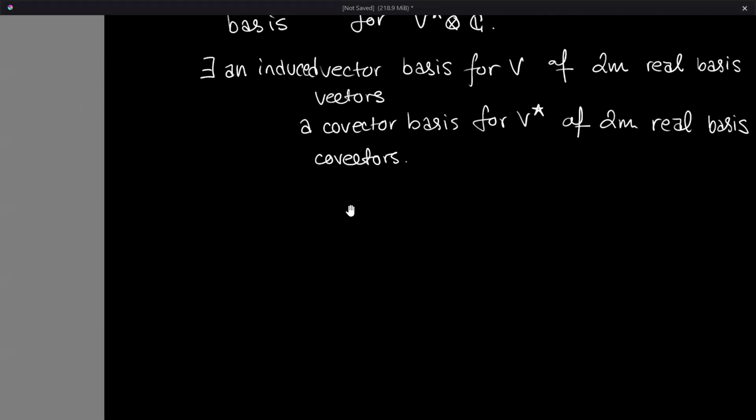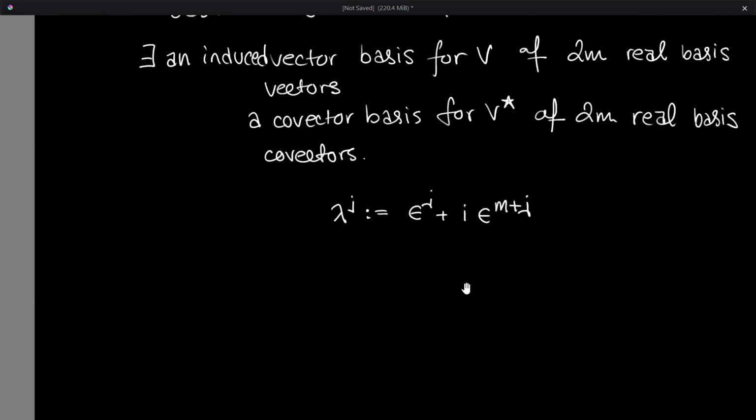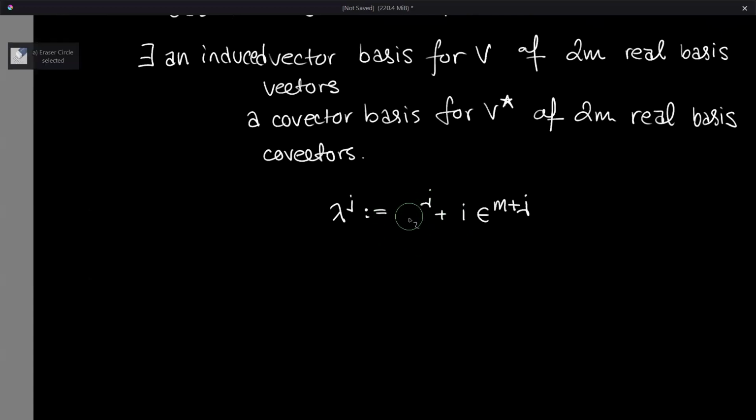All right, let's start with the proof. So we start with the fact that we decompose lambda j, and this time we're not going to use alpha and beta. We're going to say this is equal to epsilon j plus i epsilon m plus j. I don't know why I switched the way that I write epsilon. We can just write it like that.